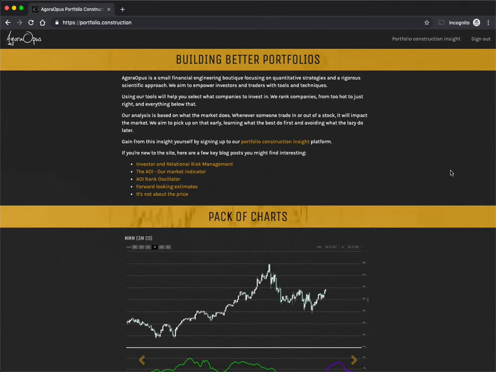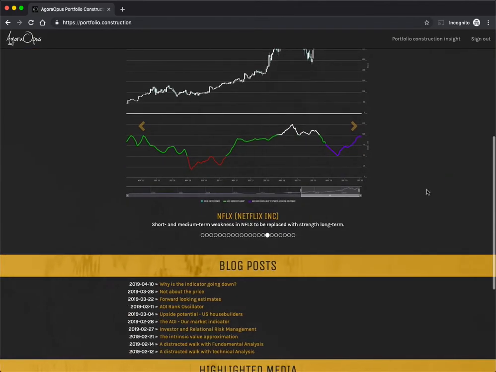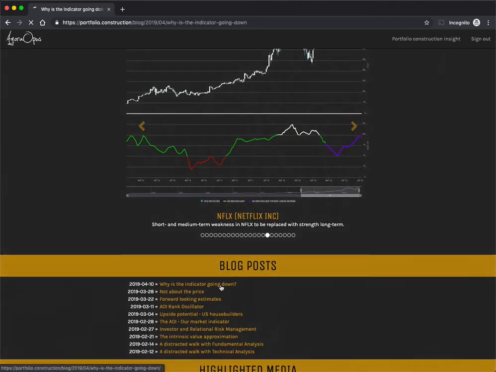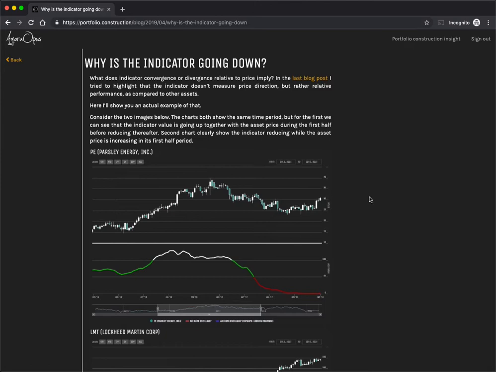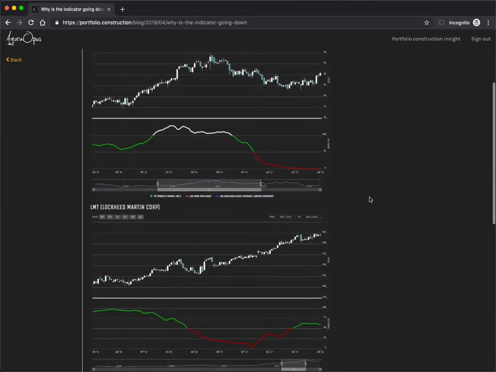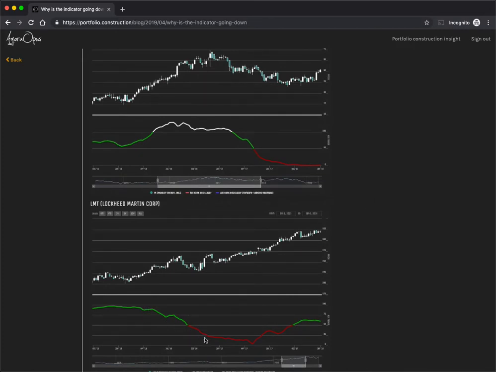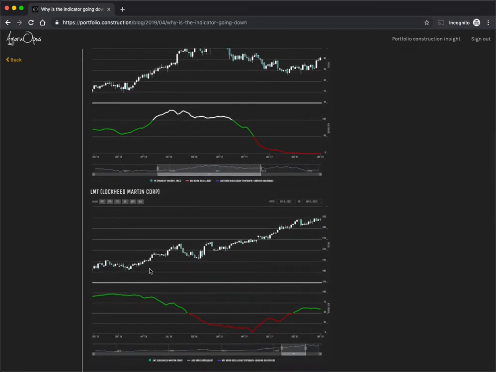Before I jump into that, I just wanted to have a quick look at a blog post that was posted a little while ago. It's trying to explain why the indicator sometimes goes down, like we see here, even though the price of the asset, in this case Lockheed Martin, continues to go up.